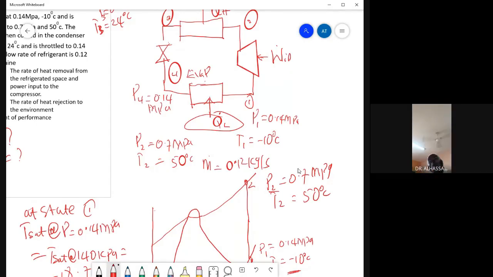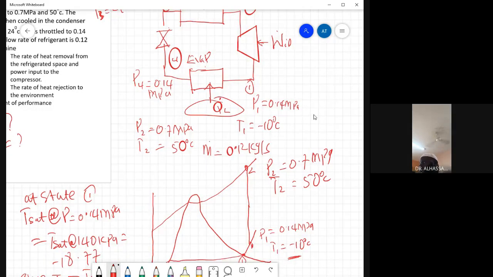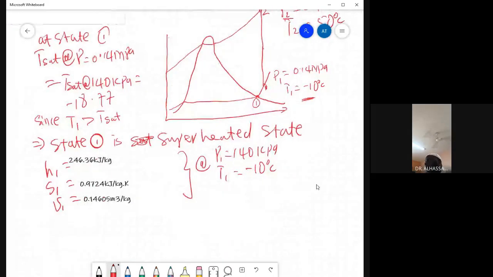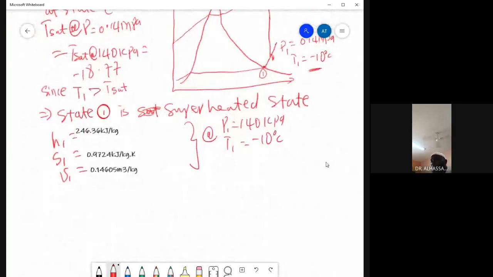So there is no need for you to confirm whether it is superheated or saturated vapor. It is all the time in the superheated state. All you need to do is find the enthalpy and the properties of the fluid at that state.